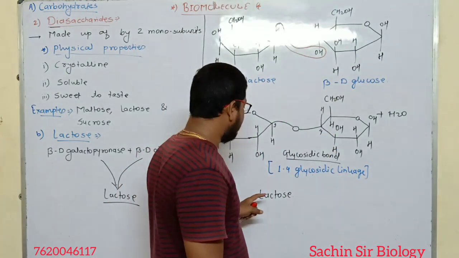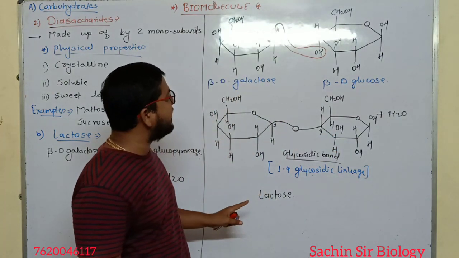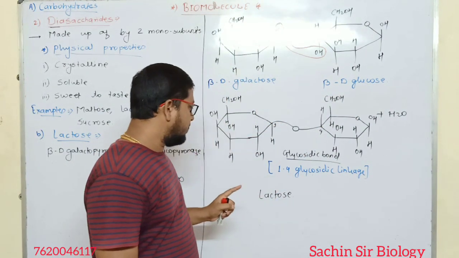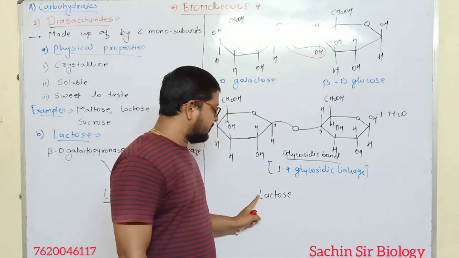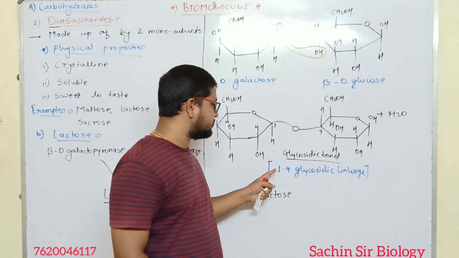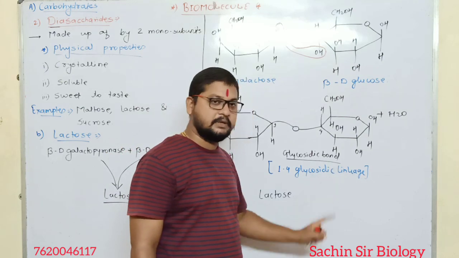Understand? In this way, lactose, which is made up of beta D galactose and beta D glucose, here it produces a 1,4 glycosidic linkage in the formation of lactose.